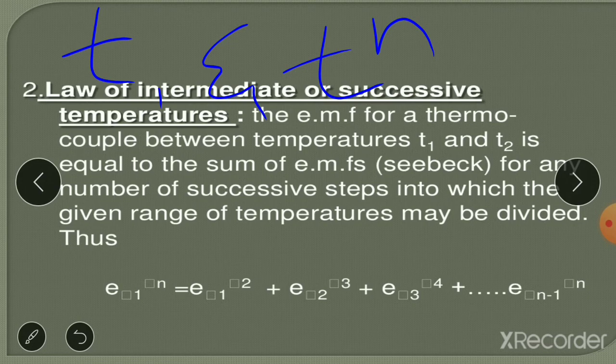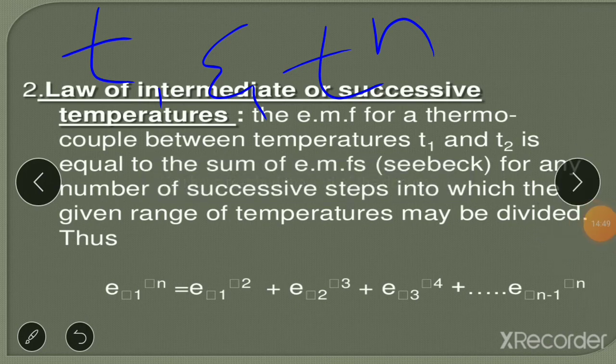This is the total EMF between the temperature T1 and T to the power of n. This is equal to the sum of the steps: 1, 2, 3, 4 up to n minus 1 to T^n. Each one is an EMF of one step, and adding all these steps gives the total EMF E[T1, T^n]. So this is the meaning of the law of intermediate or successive temperatures.